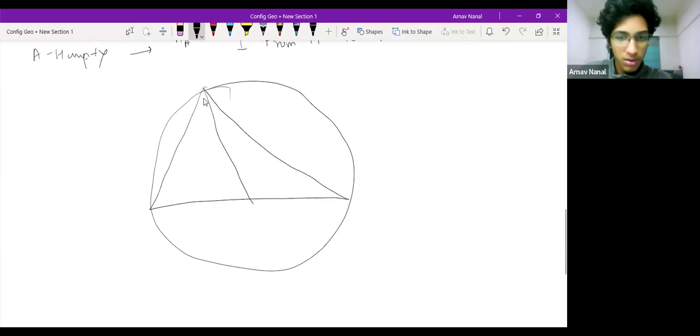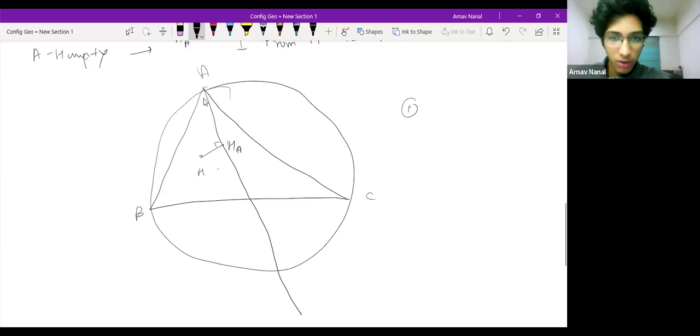We have this median, we'll extend this for some reason, and you have the orthocenter here. So this is the A Humpty point, HA. Okay, so first property, I should name the points. And now the point which we see above, the reflection of A about the midpoint M, let me call it X.